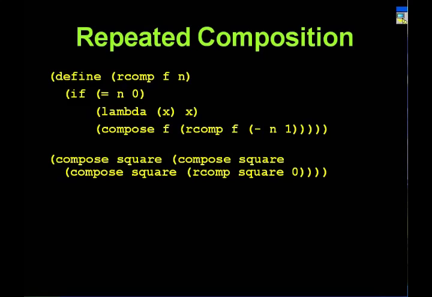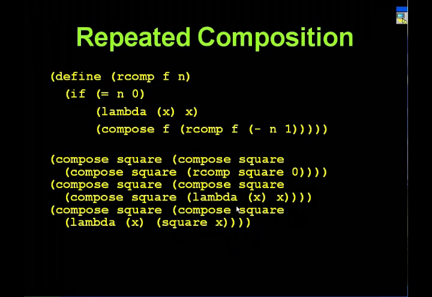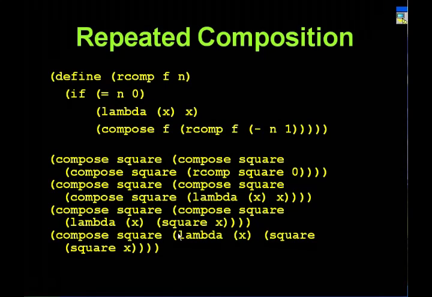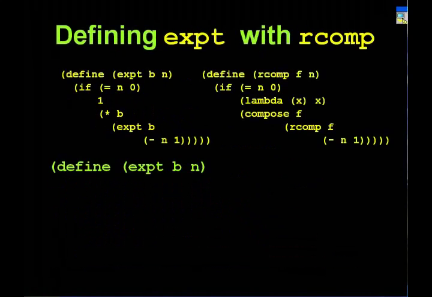But when rcomp something of 0 happens, you have this thing called lambda x x, which is the identity function, so it returns you lambda x x. Then if you compose this to this thing, you have this lambda x squared. Similarly, it ends up being this whole chain if you work it out. So rcomp essentially just composes the same procedure n times.